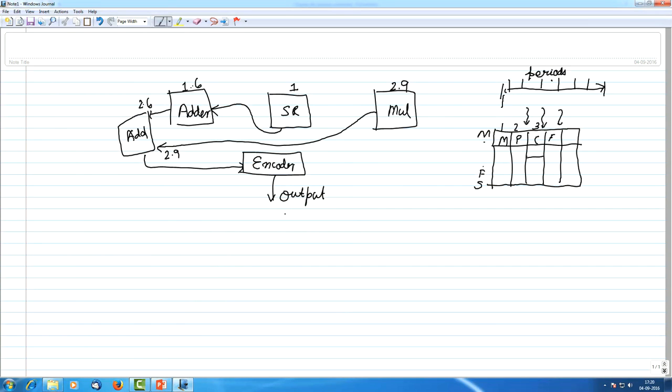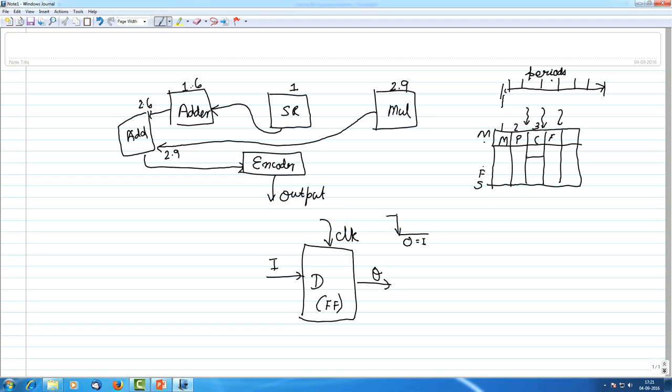If this is a master-slave D flip-flop, and this is the input, and this is the output, and this is the clock, then at the negative edge of the clock, the output gets set equal to the input.